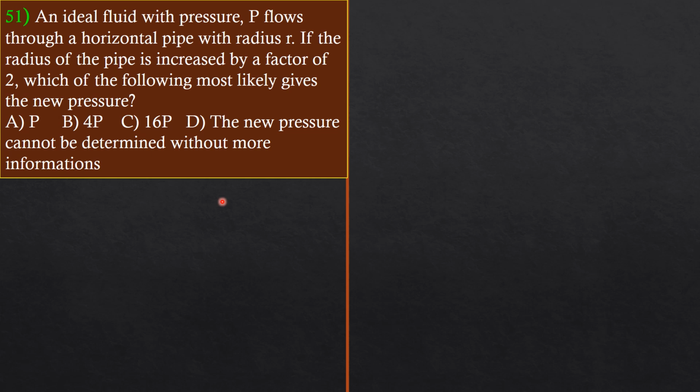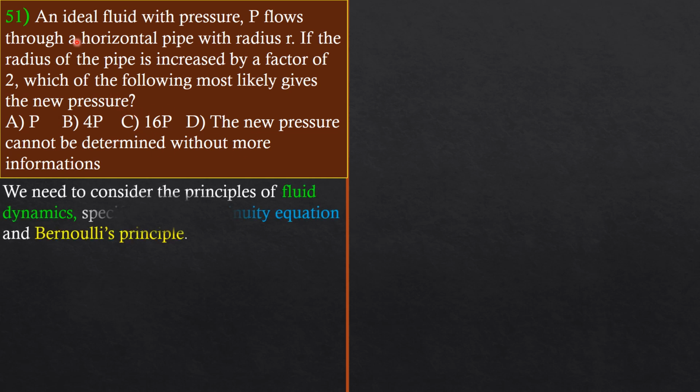Now, guys, we simply have to recall that to get this question done, there are a number of principles that we have to consider. We have to consider the principle of fluid dynamics, and also the continuity equation, as well as Bernoulli's principle.